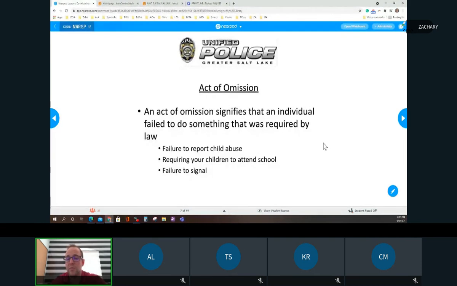Can you get arrested for these? You could. Usually what would happen is you would go into the civil court system. So there's two sides of it: there's criminal and there's the civil court system. A lot of these, civilly, you could be sued and you wouldn't be criminally charged, right?